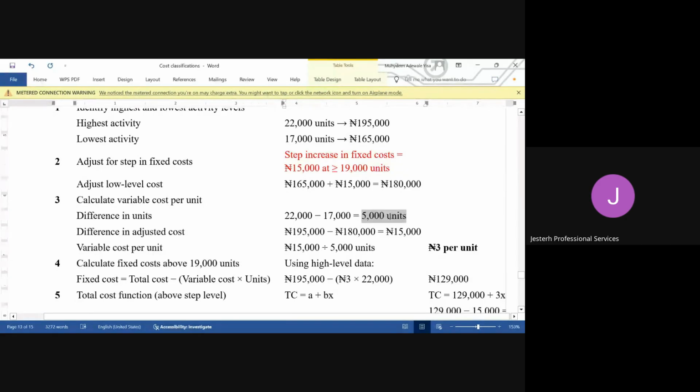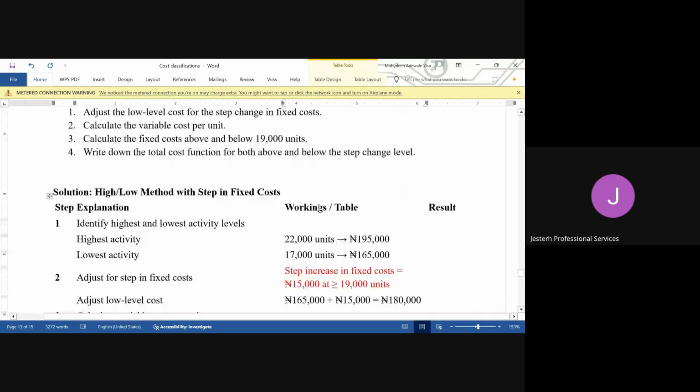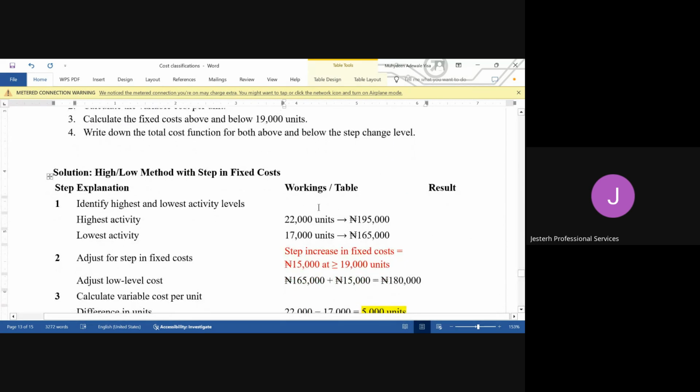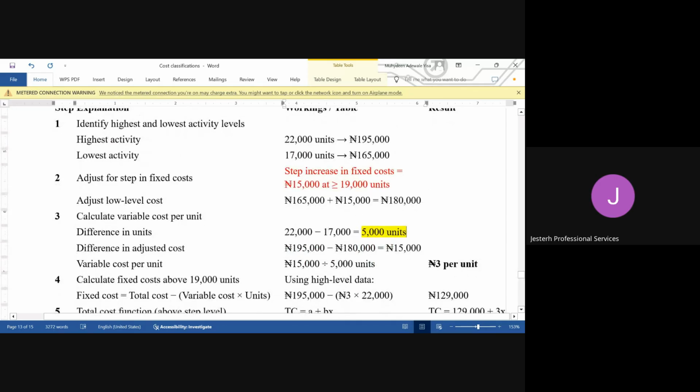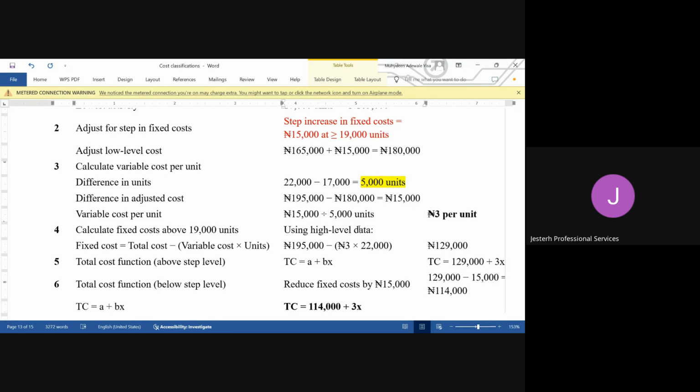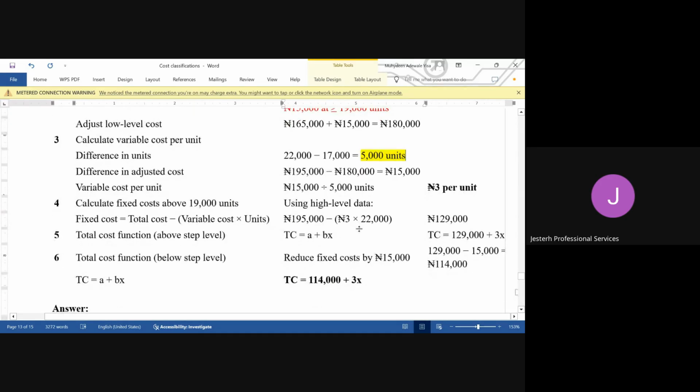Now, the level of activities based on what they give us is 22,000 units with the associated cost of 195,000 for the high level of activities, while the lower level of activities is 17,000. Then we look at the differences. So once we look at the differences, you're able to come up with the cost per unit, using the steps that we explained earlier.